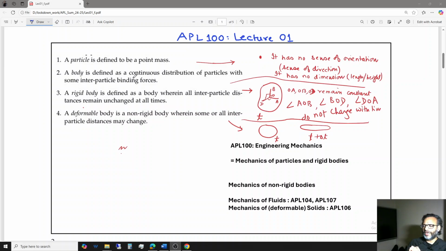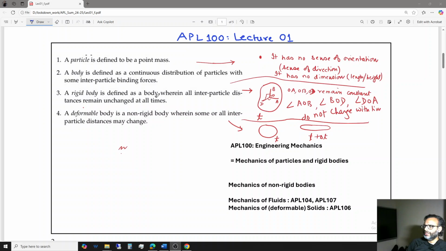Once we have the idea of a body, we distinguish between two types of bodies. First is a rigid body and the other is a deformable body. A rigid body is defined as a body wherein all interparticle distances remain unchanged at all times.